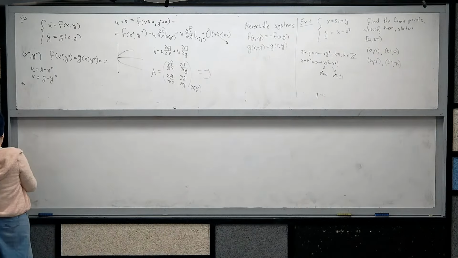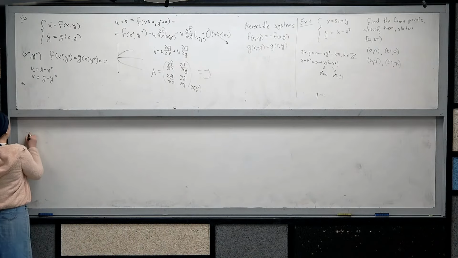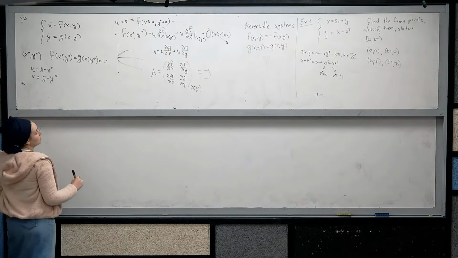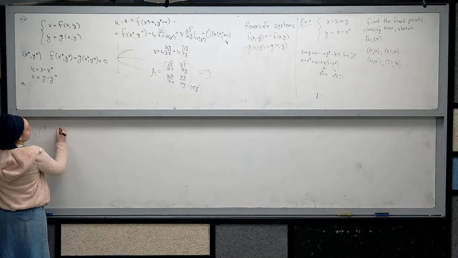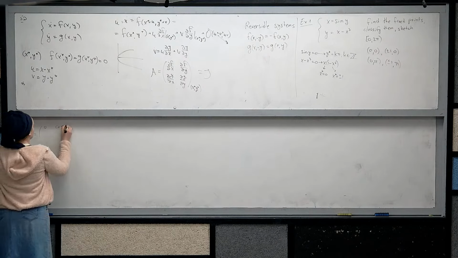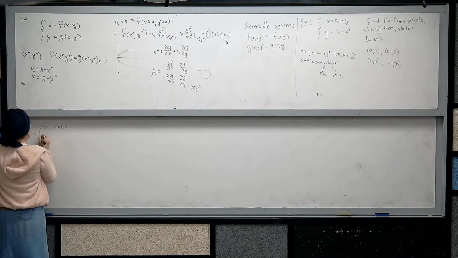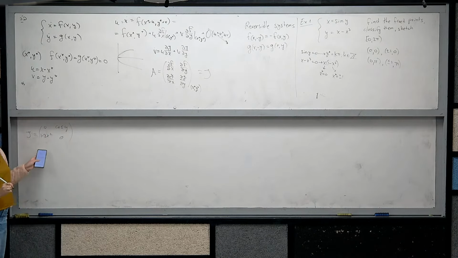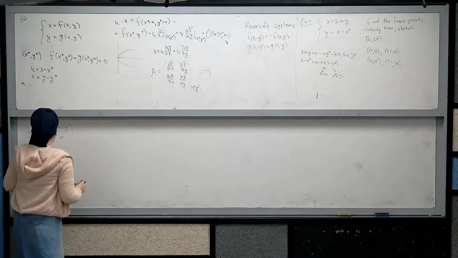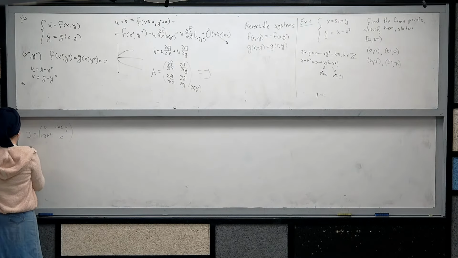Now let's do linearization. So the Jacobian will be: partial f by x is 0, partial f by y is cosine y, partial g by x is 1 minus 3 x squared, and 0. Agree? Great. Okay, so let's look at the points.